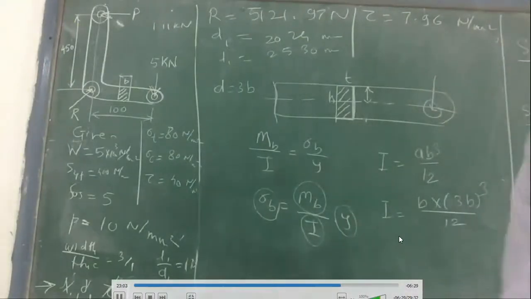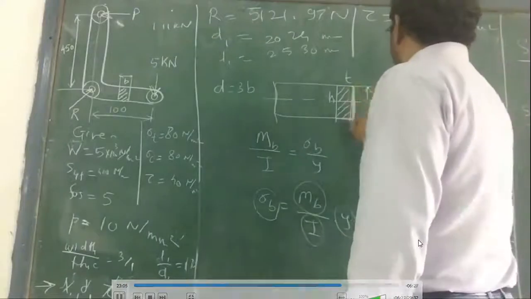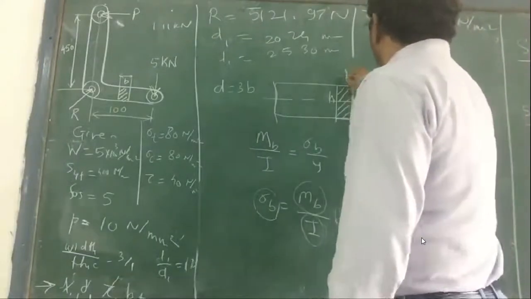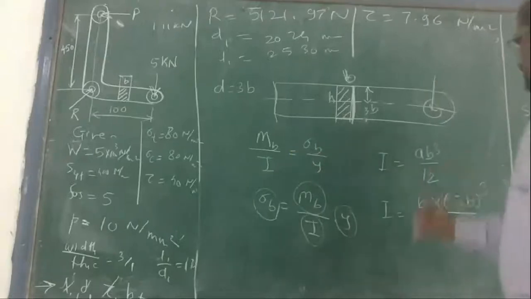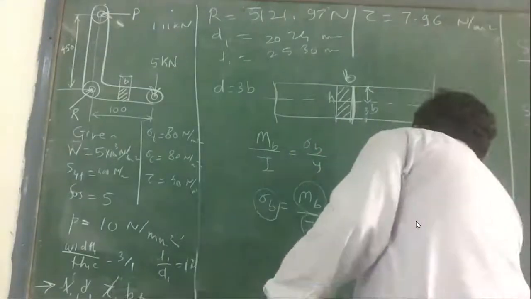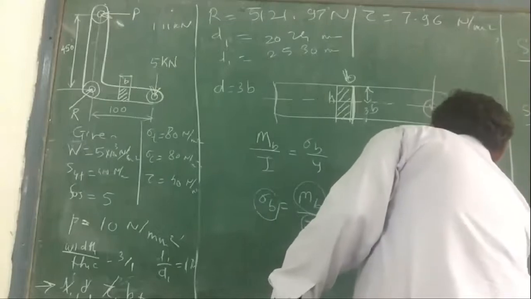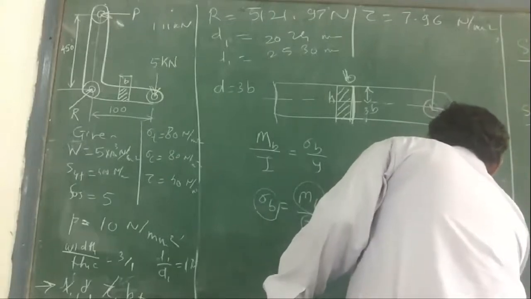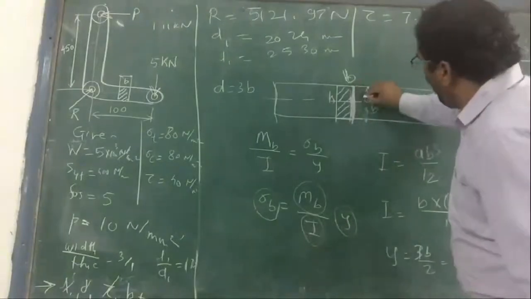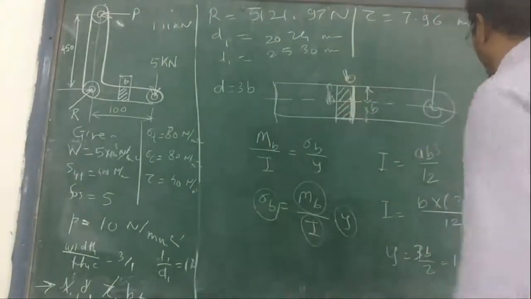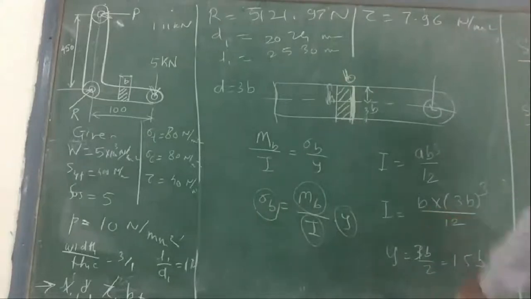Okay. So this is because here this is 3b and this is b. The ratio is given, right? So this is the I. Now y is equal to half of 3b, that is 1.5b. Half of this. This distance is 1.5b.